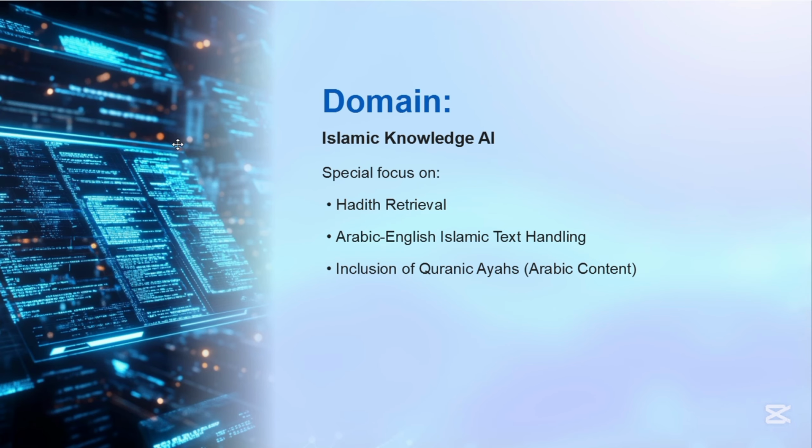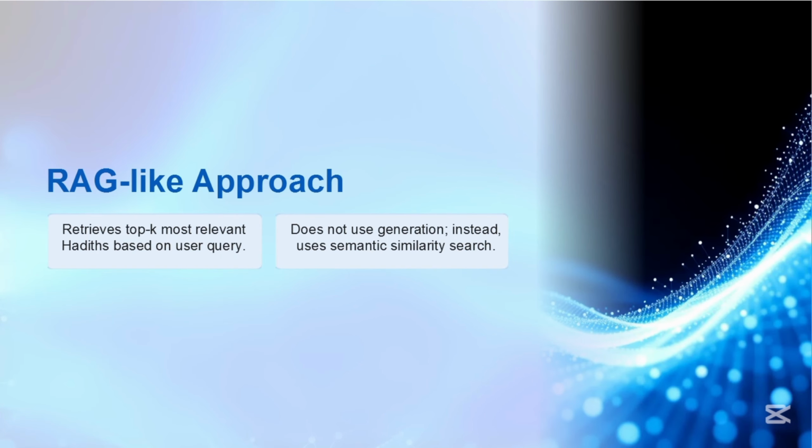In this project, we are working in the Islamic knowledge domain where we will focus on ahadith, Quranic verses, and their references from the ahadith books and the references of the Quranic ayats from the Quran Majid. We can't alter even a single word from this data, so that's why we can't use the Gen AI approach here. We will use the RAG approach here.